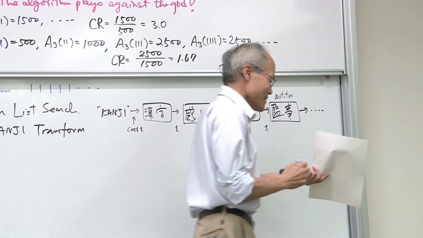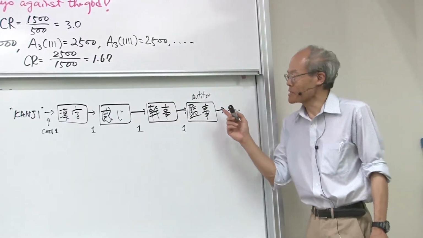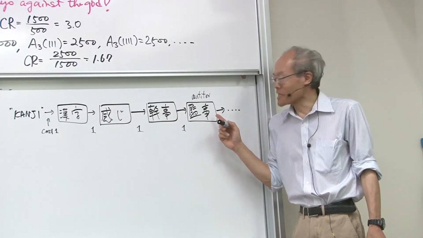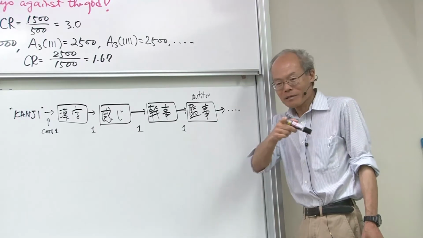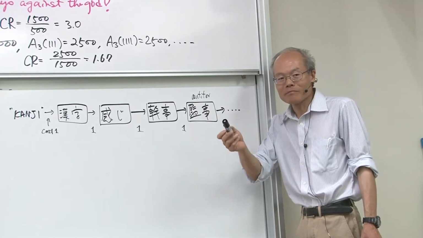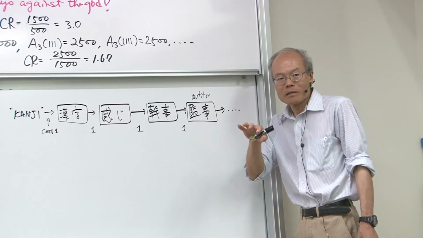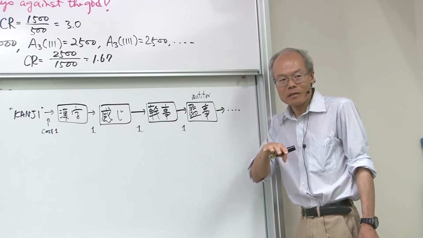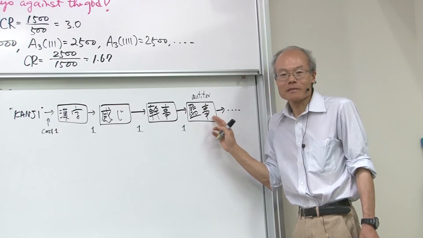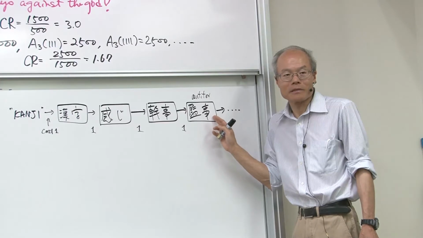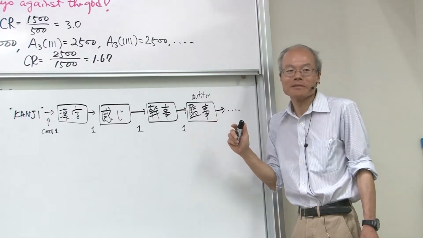Interestingly, suppose that you selected this word. Then, after some time, you again type kanji, then hit the space key, then usually this one comes first. Okay, this is what usually happens.